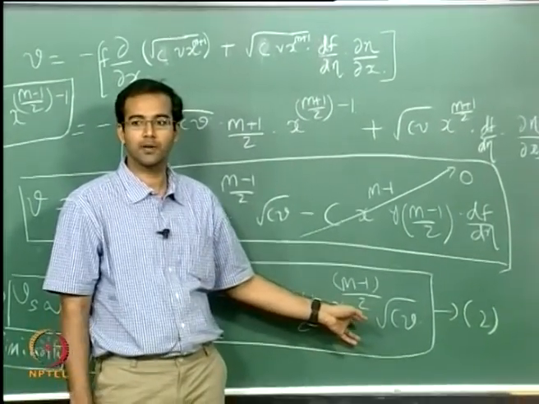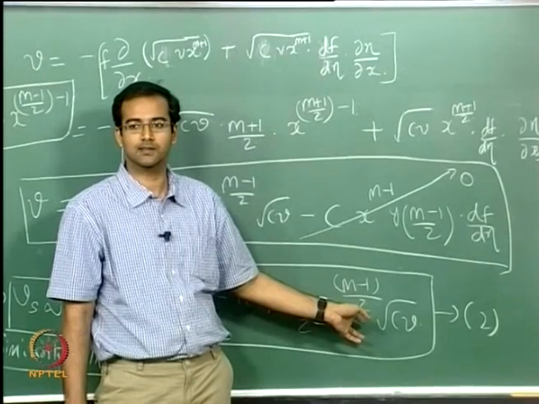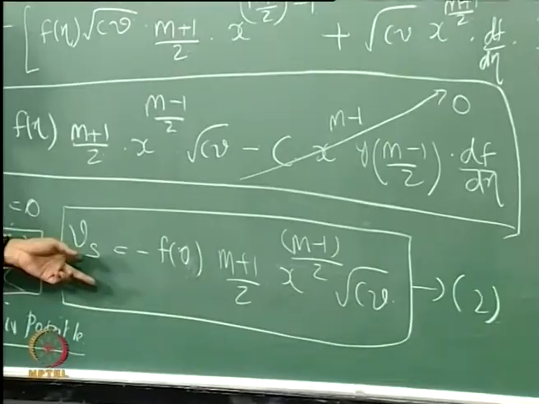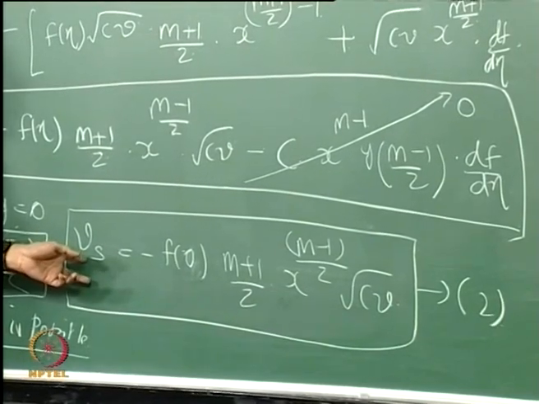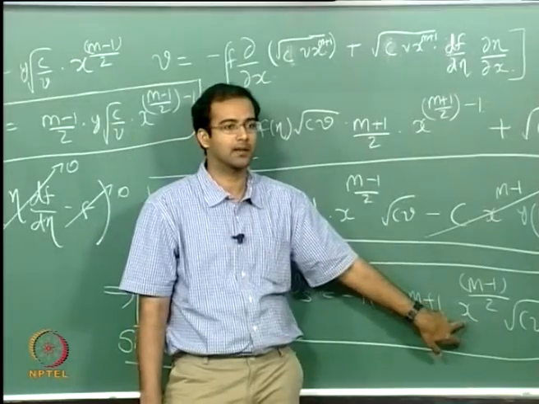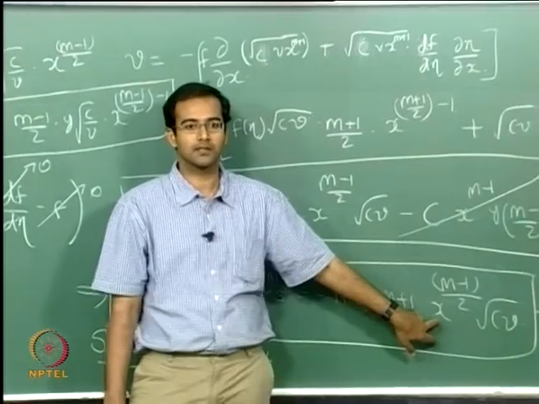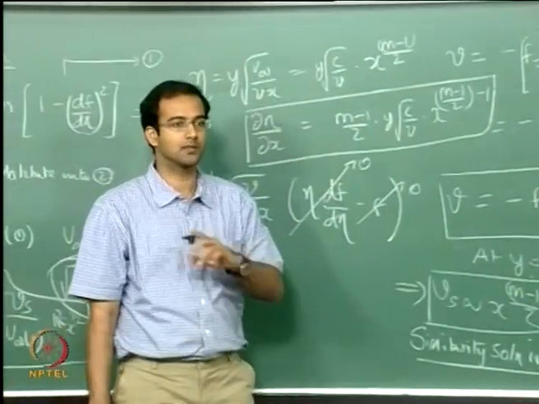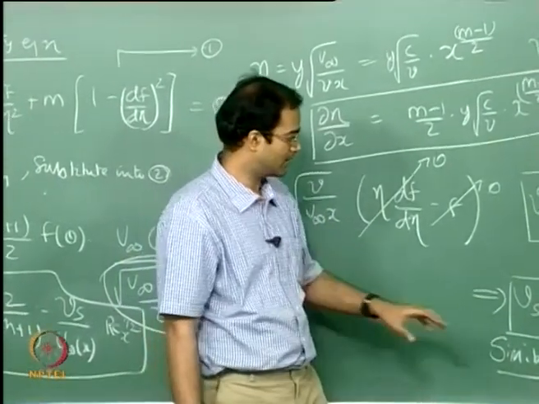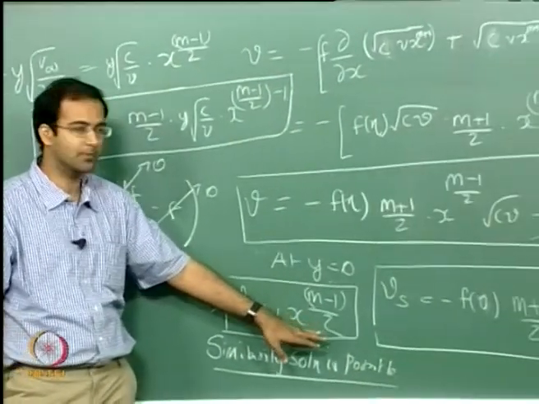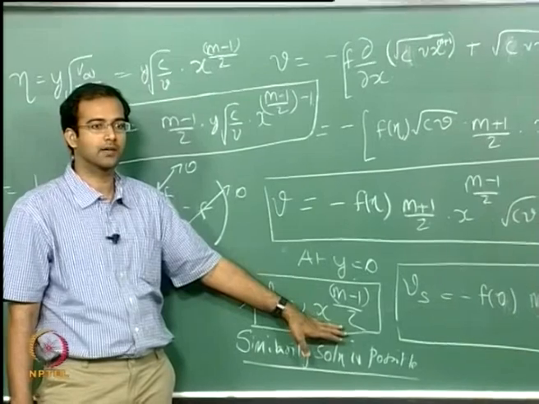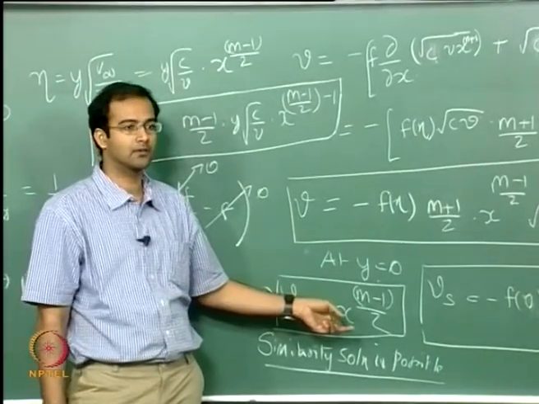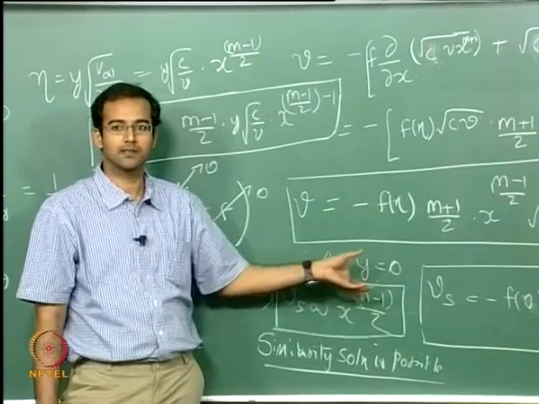If you want to make this independent of x, and make it a constant, you have to make sure that your transpiration velocity varies exactly by the same factor. Okay, so this is the constraint that is required in order to get a similarity solution for this particular boundary condition. So this has to satisfy this particular constraint. Okay, for a given value of m, your v has to vary along x according to this particular relation.